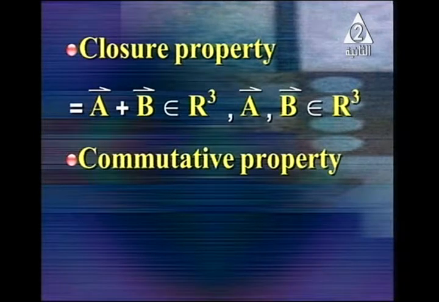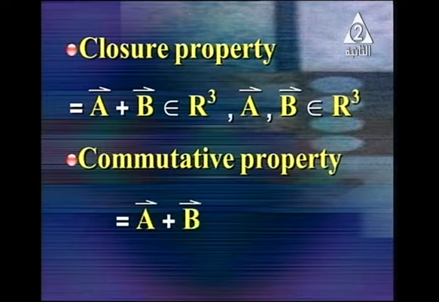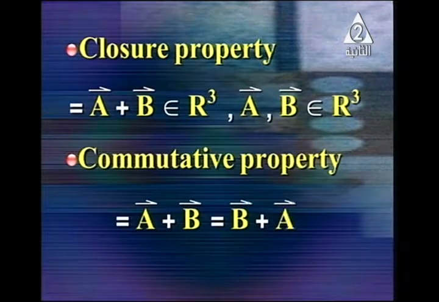The second is the commutative property. What do you mean by the commutative property? If we add A plus B, vector A plus vector B equals vector B plus vector A. Remember, what do you mean by closure? If you have two vectors belonging to R3, then their sum belongs to R3.